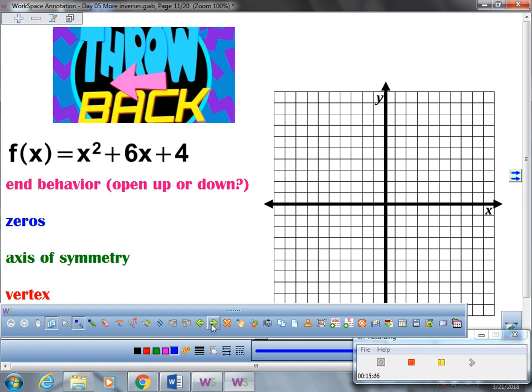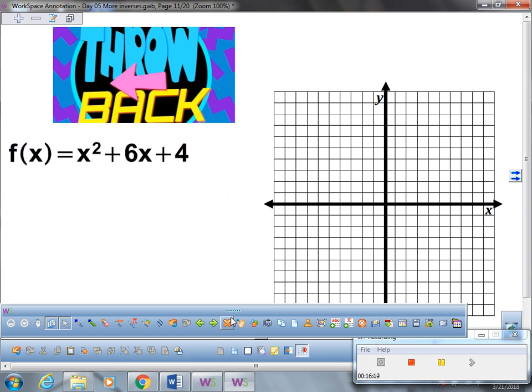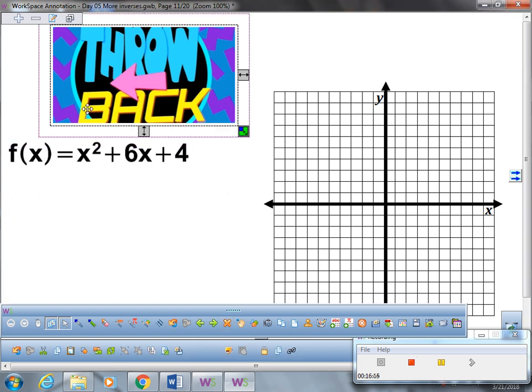Can you guys do this one? Okay, so let's try this strategy. I already know the Y-intercept. I'm going to wait for it to get quiet.